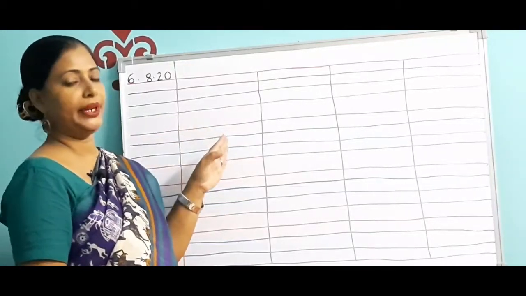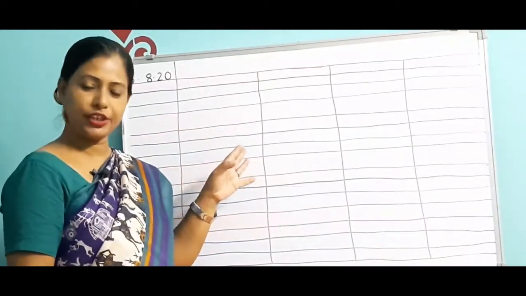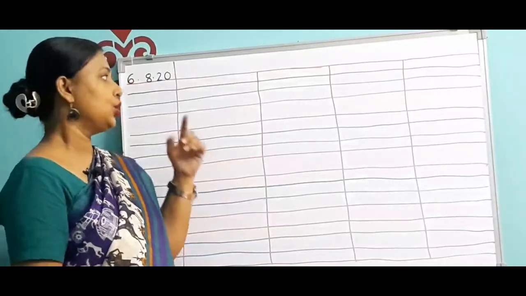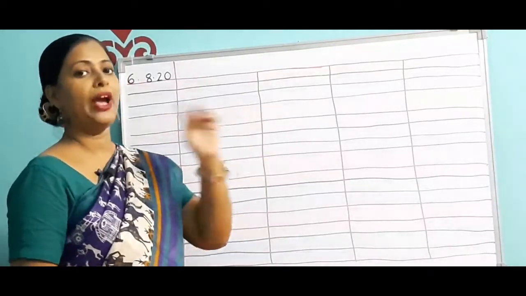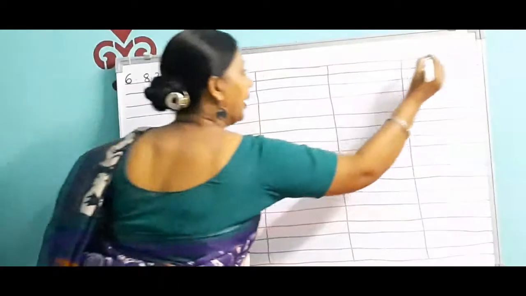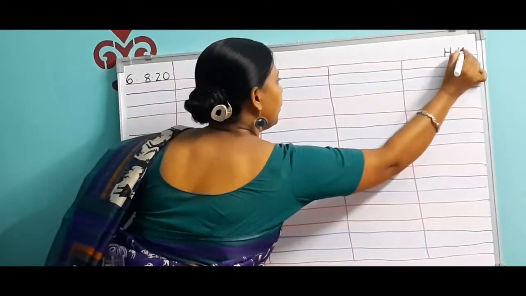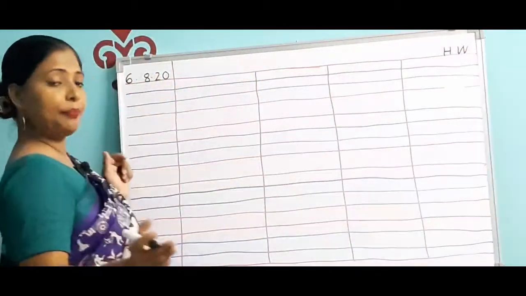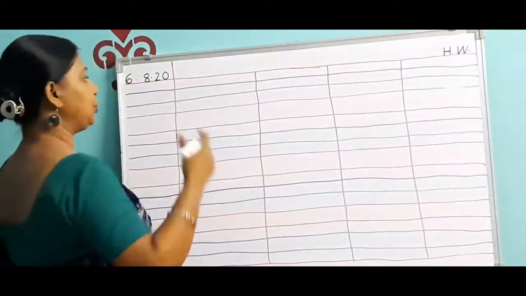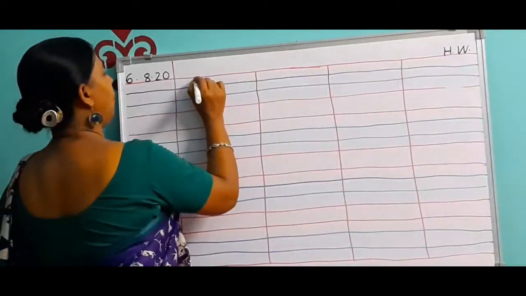I have already taught you MN yesterday, so it will be MN, O and P. This will be your HW. On a new page, you will turn the page. On one page you will do O and P, and on the next page you will do this homework.